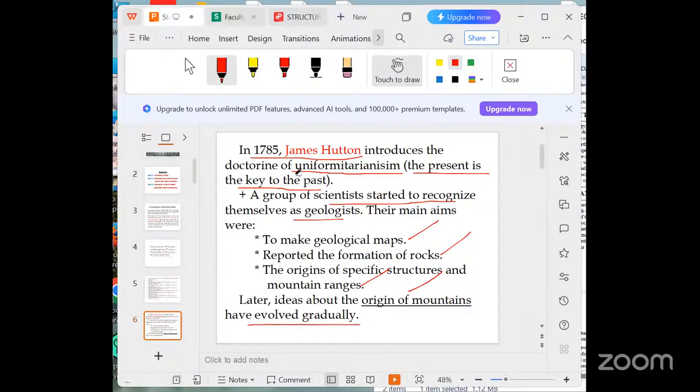This is the very important uniformitarianism. Who introduced it? James Hutton, in the year 1785.